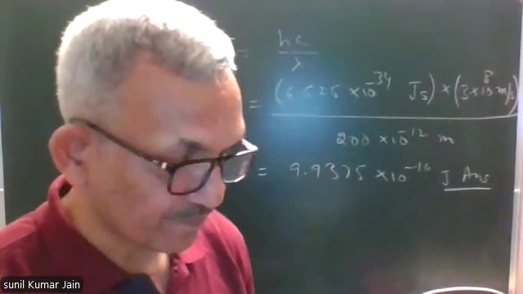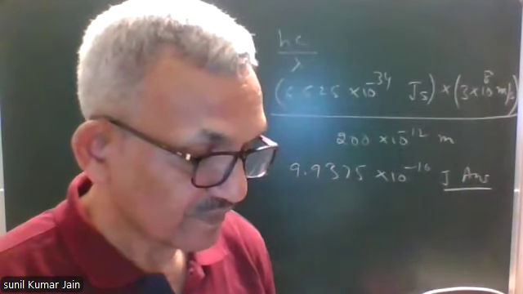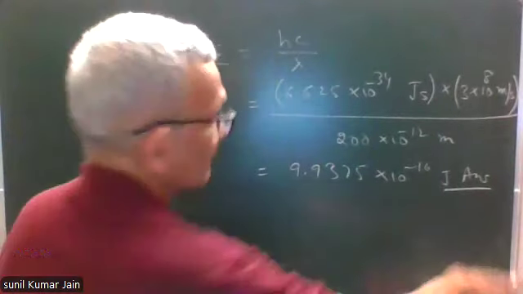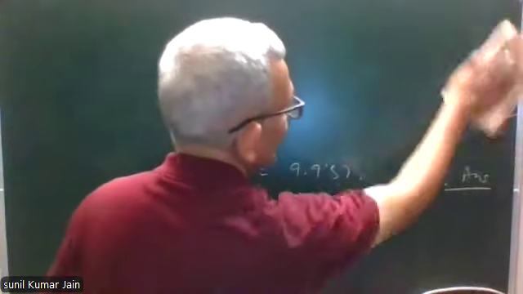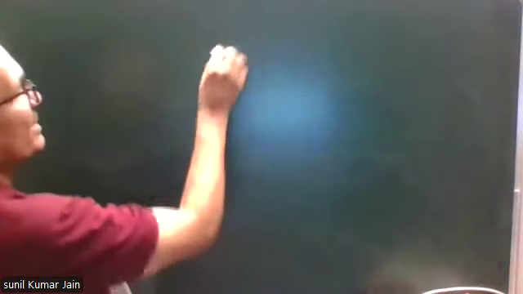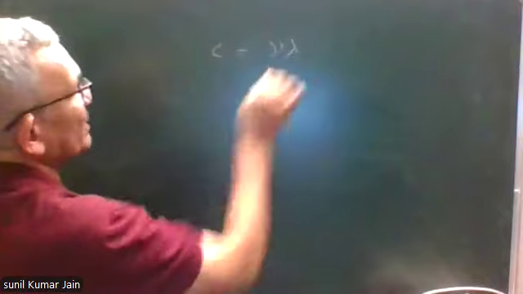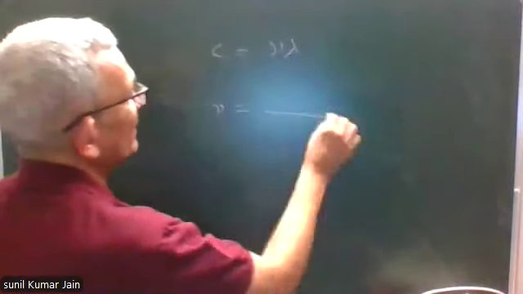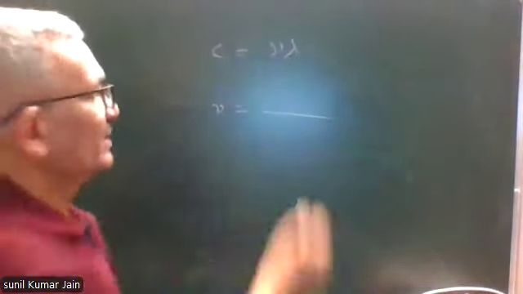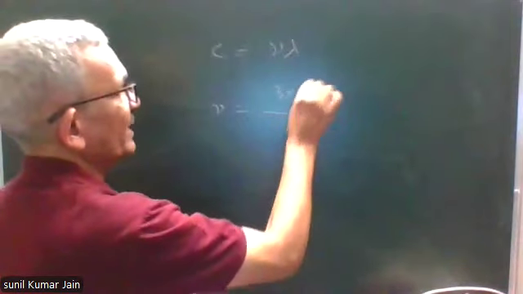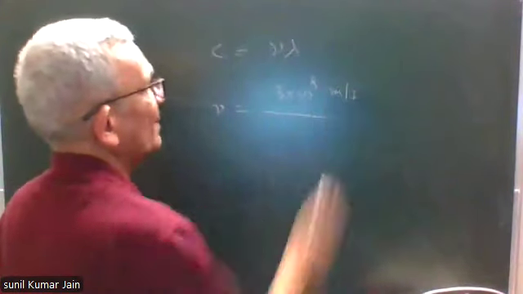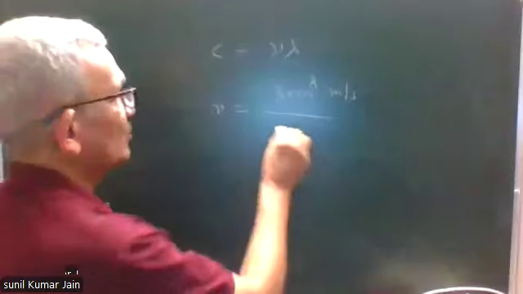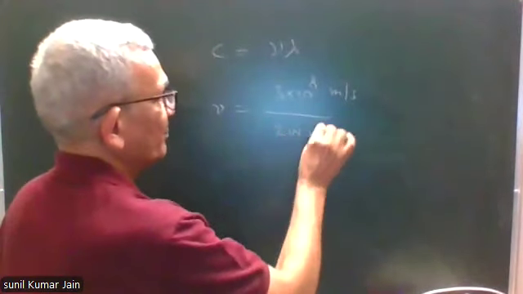Second, we have to calculate frequency of the radiation. Now, for frequency, use the relation c is equal to nu lambda. So frequency will be value of c, 3 into 10 to the power 8 meters per second, divided by lambda, 200 picometers.